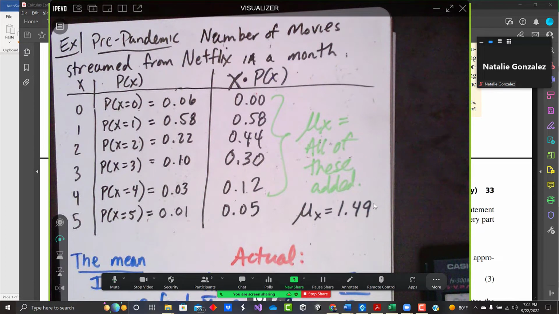So prior to the pandemic, the average household streamed about 1.5 movies each month from Netflix.